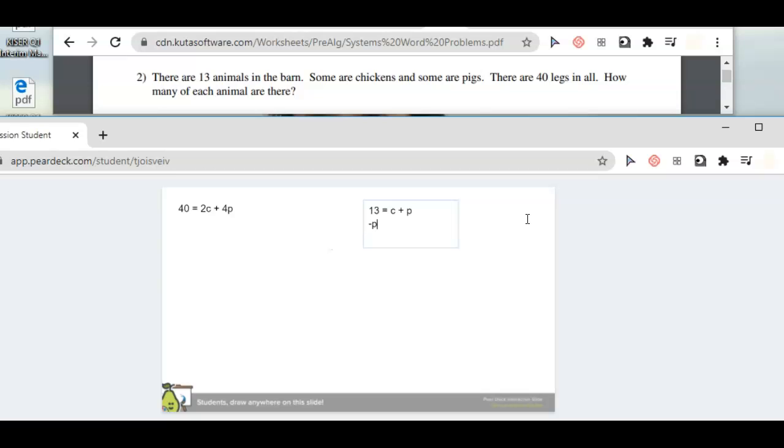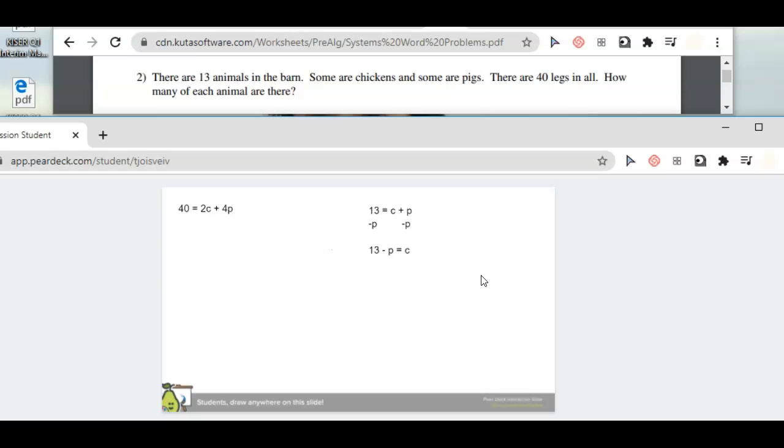So minus P, and then over here, minus P. That's just an inverse operation to get rid of it over here, so that down here, I'm going to have 13 minus P is equal to C. And that makes sense because 13 total animals minus however many pigs I have is going to give me the number of chickens I have. 13 total minus the number of pigs gives me the number of chickens. Okay, so I have that.